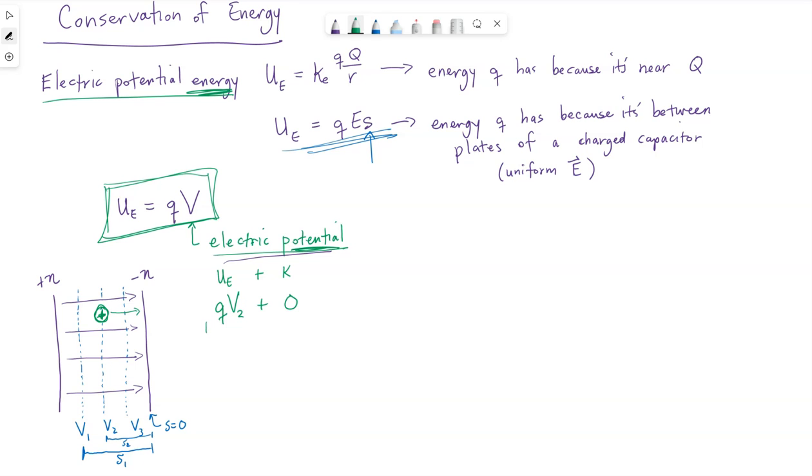So the total energy initially, and technically this is called the total mechanical energy, is all potential energy right now.